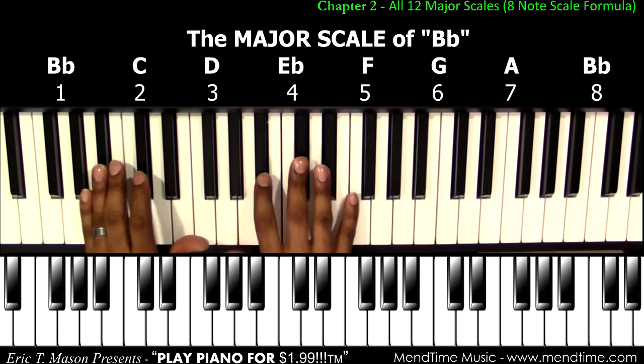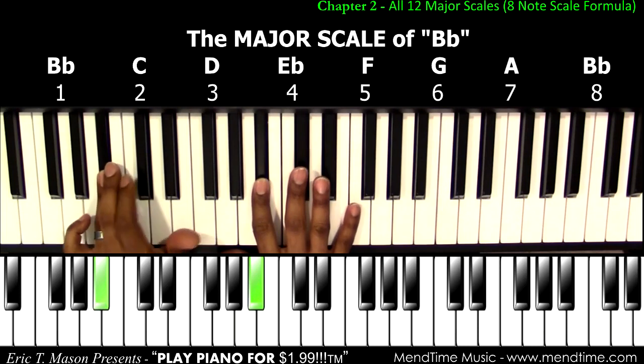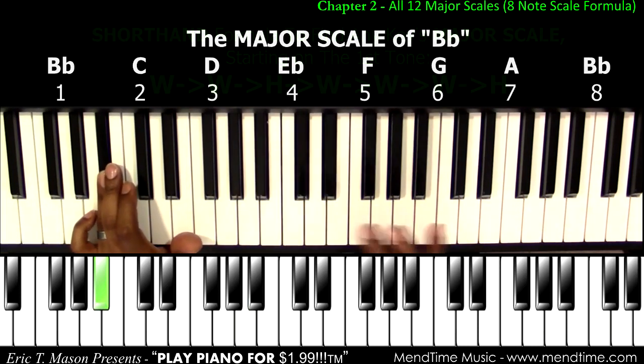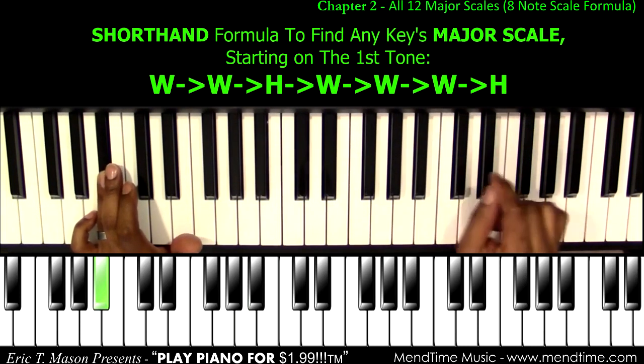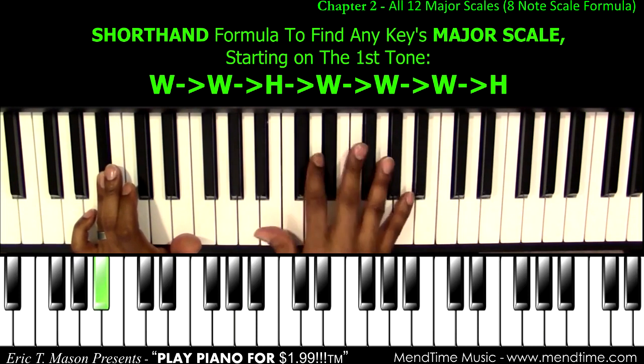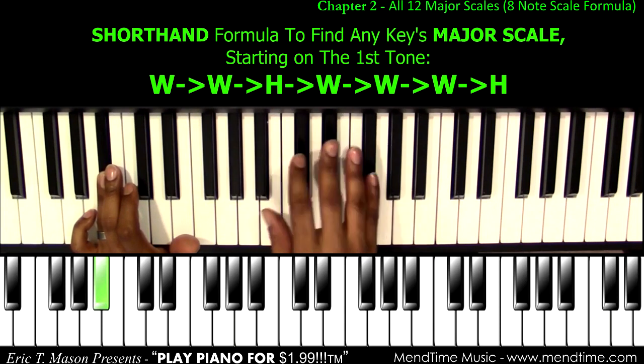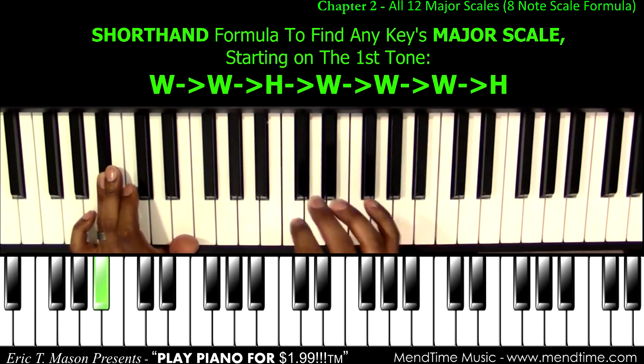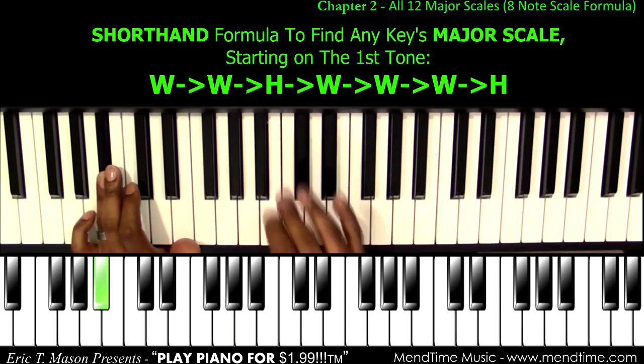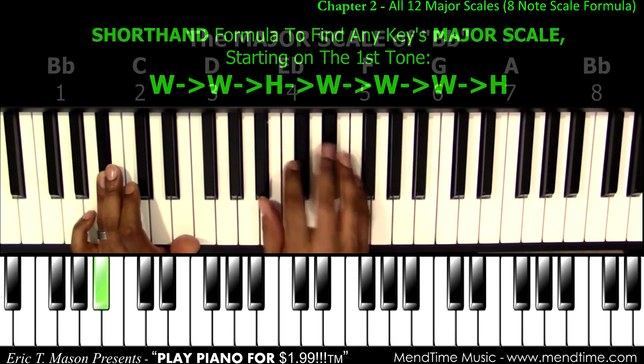So let's get ready. Now again, this one's all on you. Whole, whole, half, whole, whole, whole, half. And you also have the numbering as well as the names. The first time, I want you to do whole, whole, half, whole, whole, whole, half. Second time, you're going to call out the name of the note.